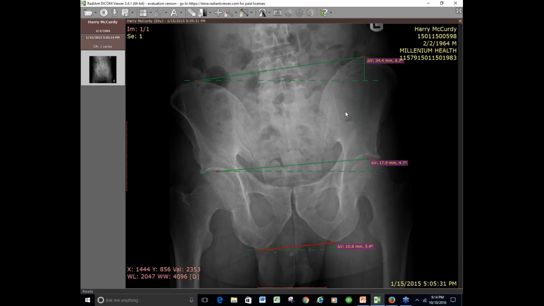Okay, but here's the issue. Because this is a squared plus b squared equals c squared, right? The c squared on this particular one, and the a squared actually, are not the same as the c squared on this one. See how much longer this line is than this line is?